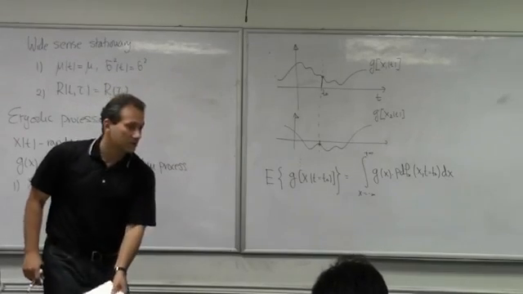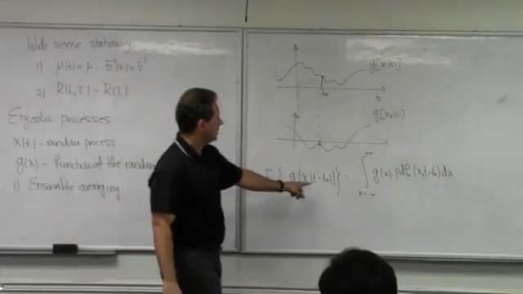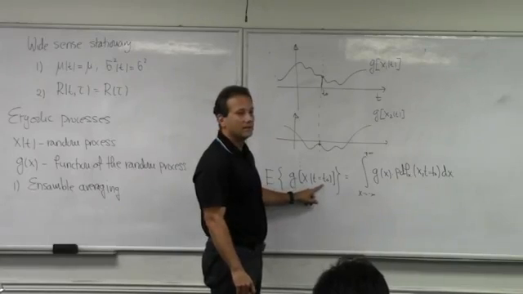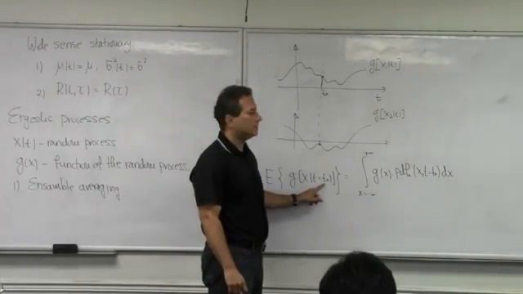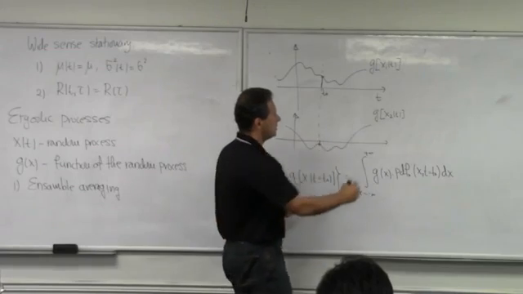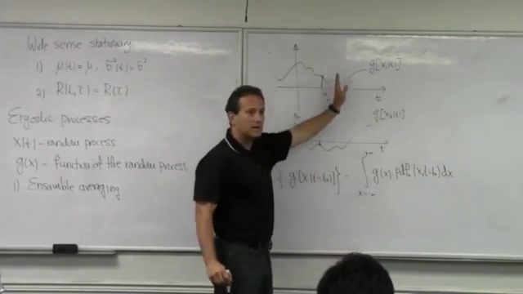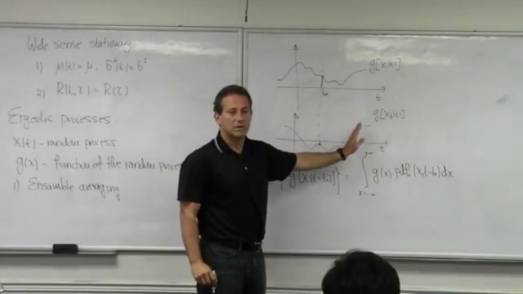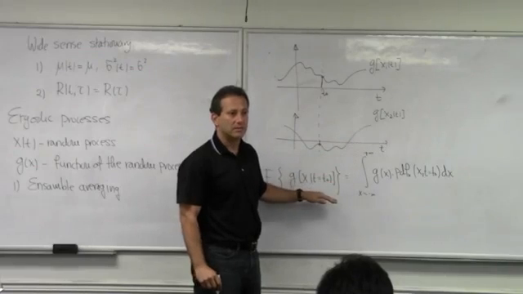If the process is stationary, then this t0 is irrelevant, meaning that wherever on this t-axis I make a cut, I'm going to get the same PDF, therefore I'm going to get the same expected value.